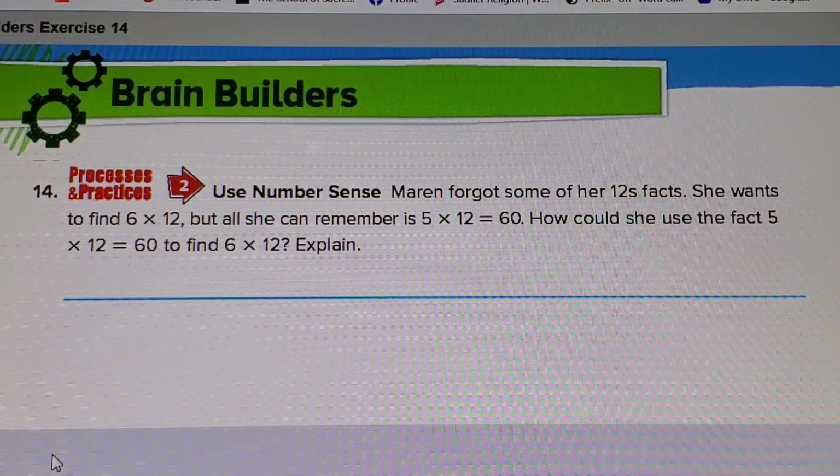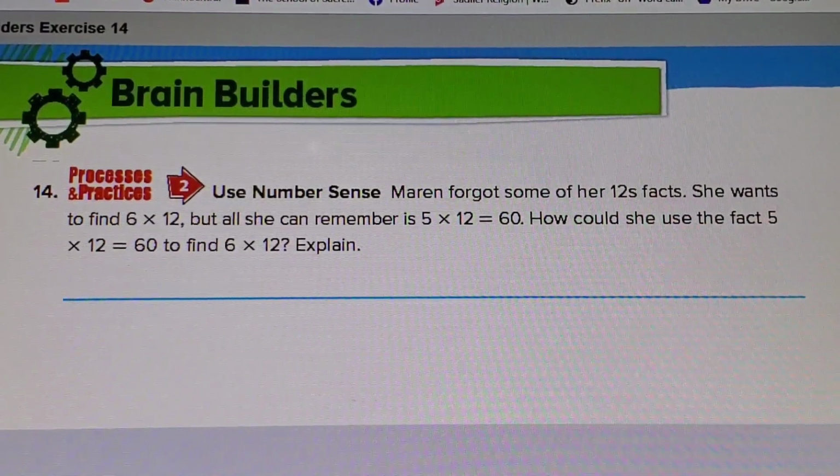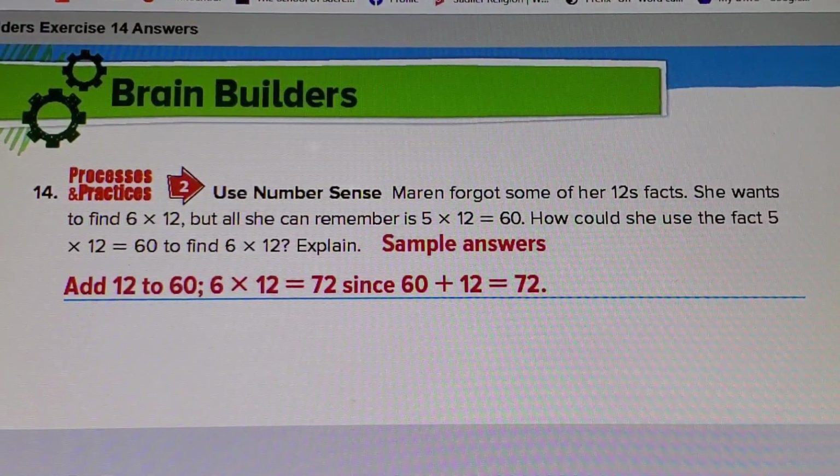Explain. So what could she add to 60 that would help her find the right answer? She would add 12 to 60, and therefore she would get 72, and 6 times 12 is 72.